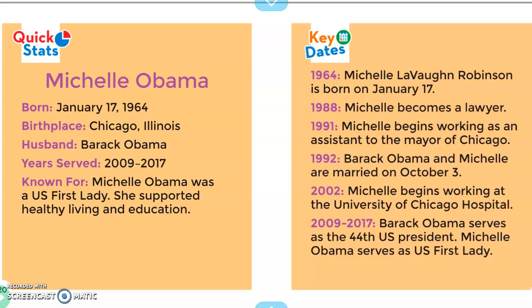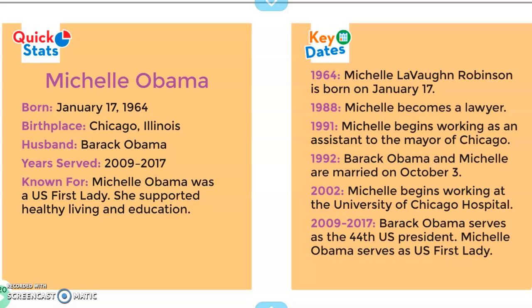Something to keep in mind is that the books that you are choosing to read about on Epic and on other websites like Pebble Go, they might already have a timeline in the story. So I'm just going to show you this example. I chose Michelle Obama for my final biography writing project. And I found this great book on Epic all about her life.